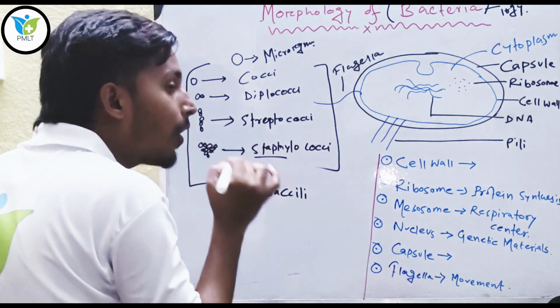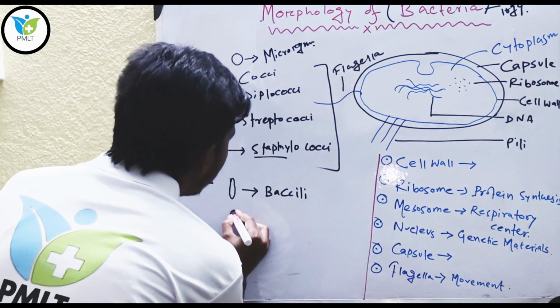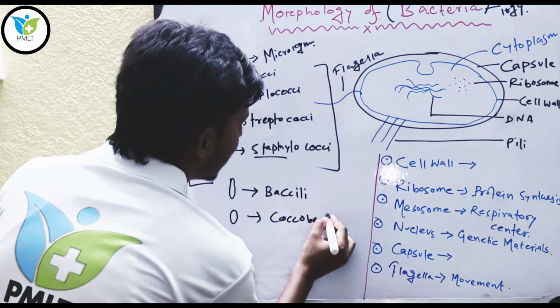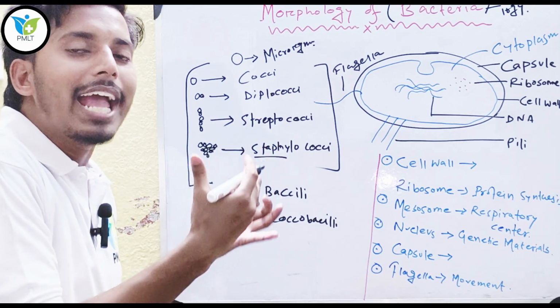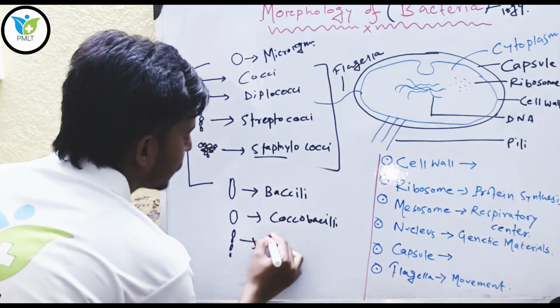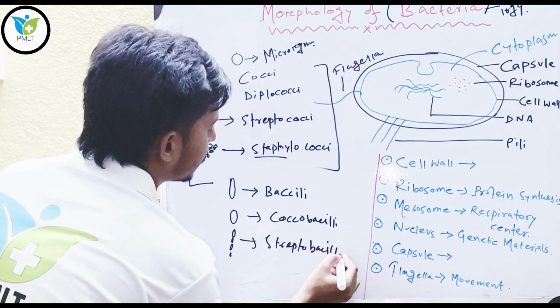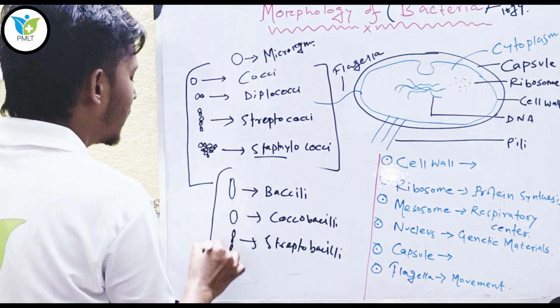If the rod shape is not proper, if it is a little bit round, that is called coccobacilli. If the bacilli are arranged in a chain, that is called streptobacilli. That's all regarding the bacilli.